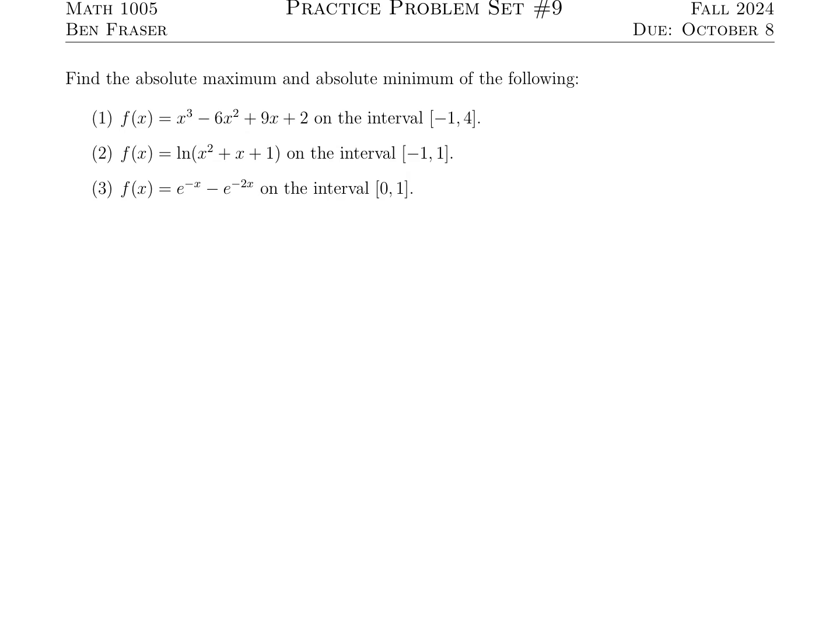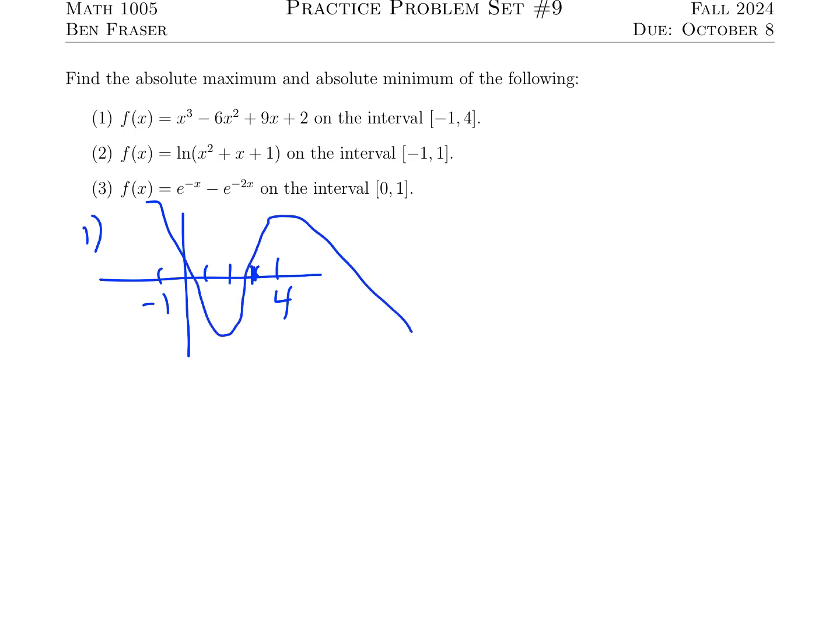Let's say that we're looking at question 1, and I'm not sure exactly what this graph would look like, but we want to look between -1 and 4, to look at only a portion of this graph, not the whole thing. And it's a cubic function, so I don't know what it's going to look like. Let's see, it looks something like this, okay?